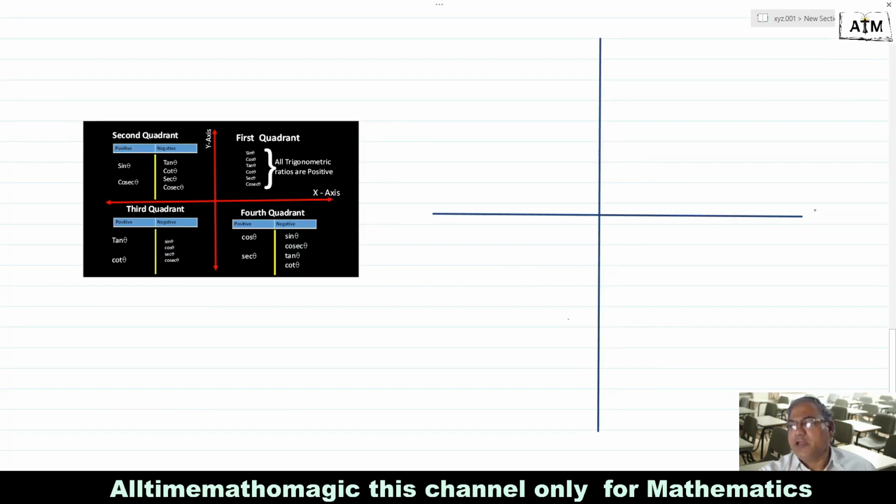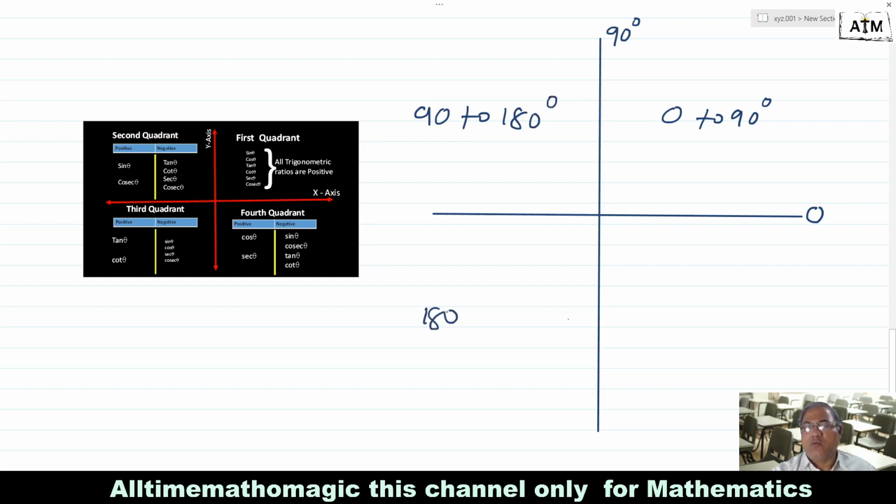In the first quadrant, the angle variation is 0 to 90 degrees. In the second quadrant, the angle variation is from 90 to 180 degrees. In the third quadrant, 180 to 270 degrees. So here is 180, now here is 270.